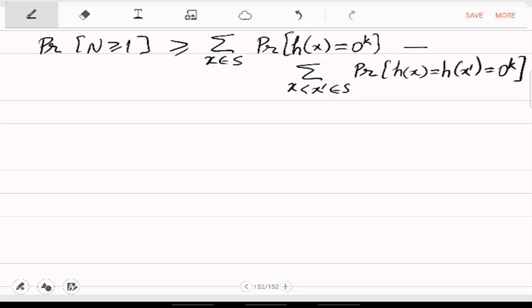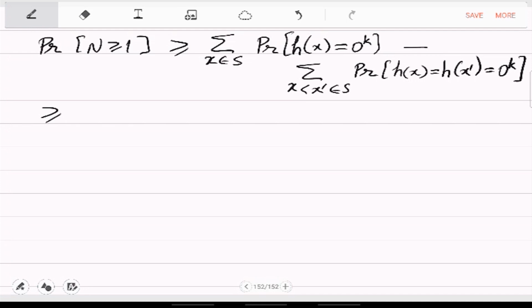Okay, but now when we subtract, we are undercounting because we have subtracted the pairs x', x'' too many times. Anyways, we only wanted a lower bound, so the lower bound is correct by the inclusion exclusion principle. So the probability of n greater than or equal to 1 is at least this much, and now we can simplify it.